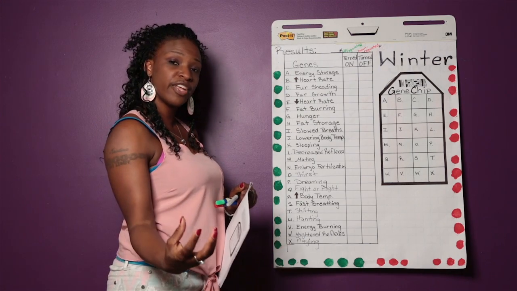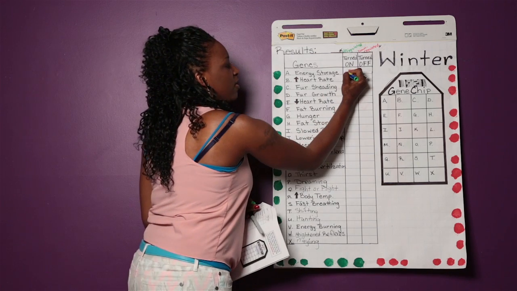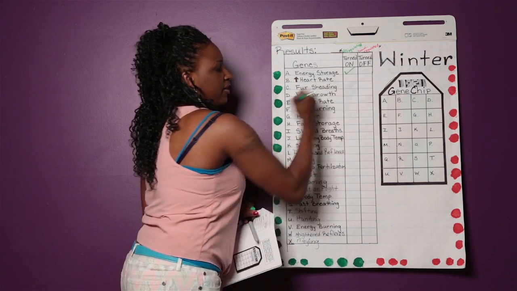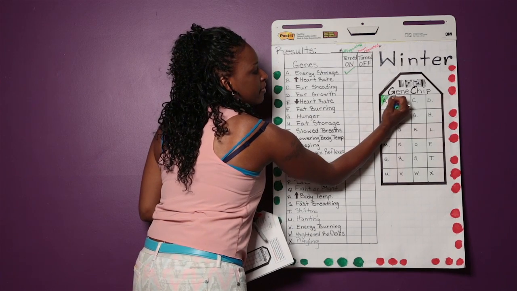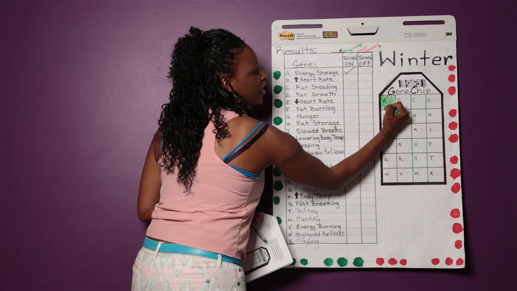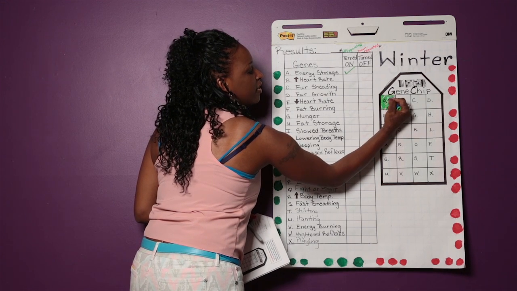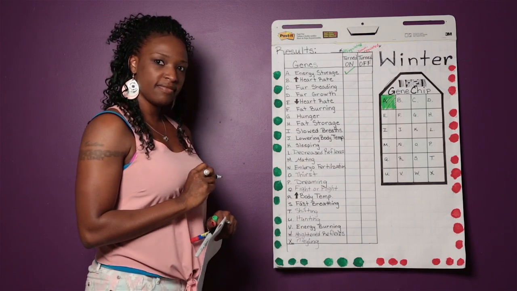We need to conserve energy, right? So that means I would put a check on the upregulated for energy storage gene, and then I would come over to my microarray chip and color in green where the A gene is, because that gene, in my opinion, would be upregulated.